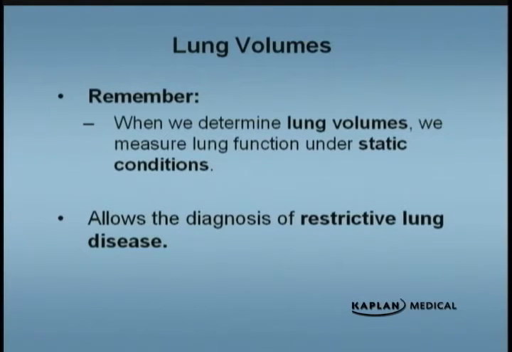Because it only allows for measurement of lung volumes under static conditions, the diseases that they really point to are the restrictive lung diseases. So for example, if a patient has silicosis, or let's say asbestosis, they get an inflammatory process that affects the lung parenchyma, and as the inflammatory process increases, you get fibrosis and scarring of the lung, and their lung volumes shorten.